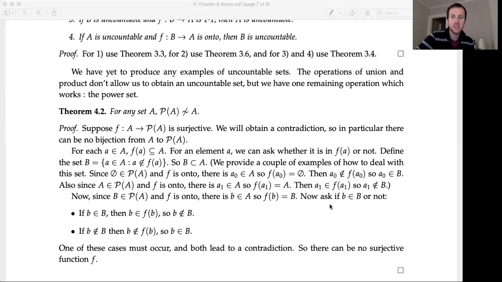then ask, is that little b a member of this B that we defined?